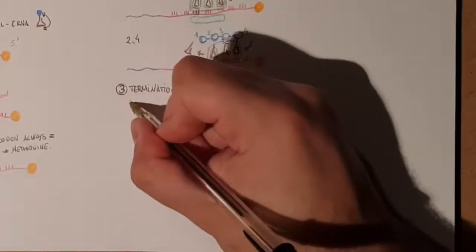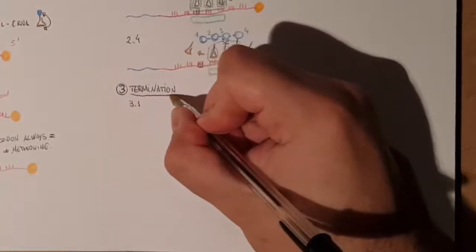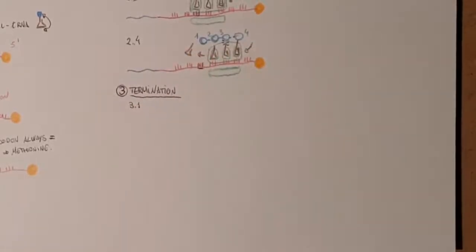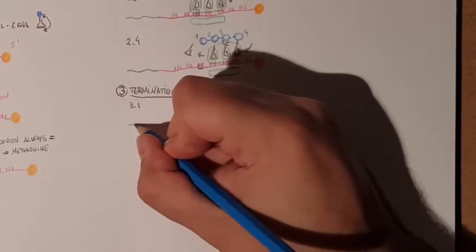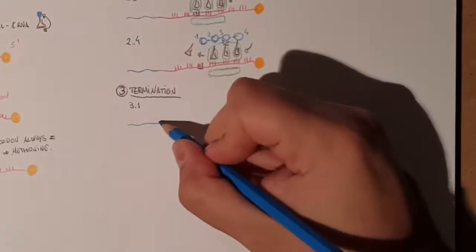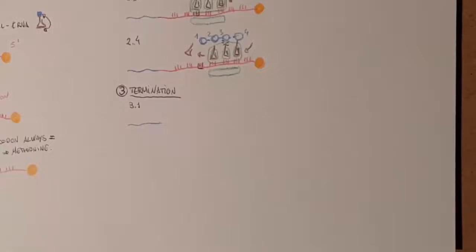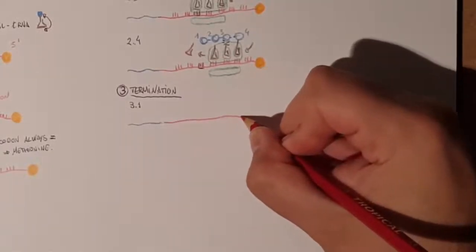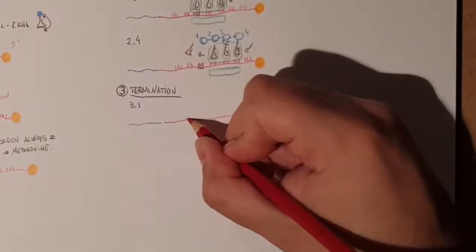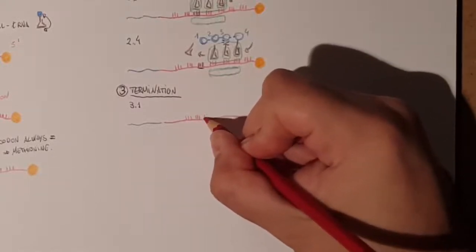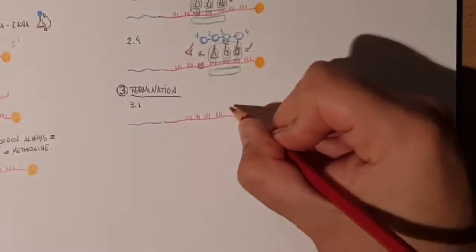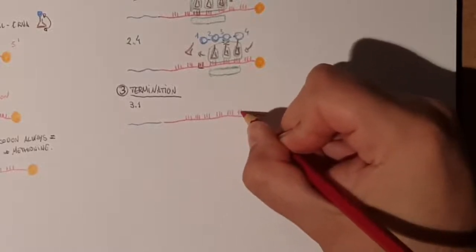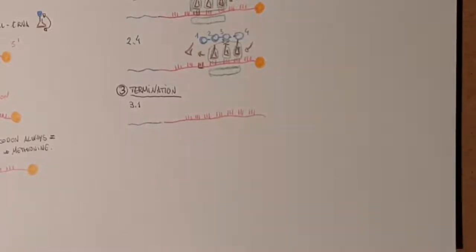In 3.1 this is going to be like an elongation. We're going to move our RNA molecule, our ribosome, towards the 5' cap.